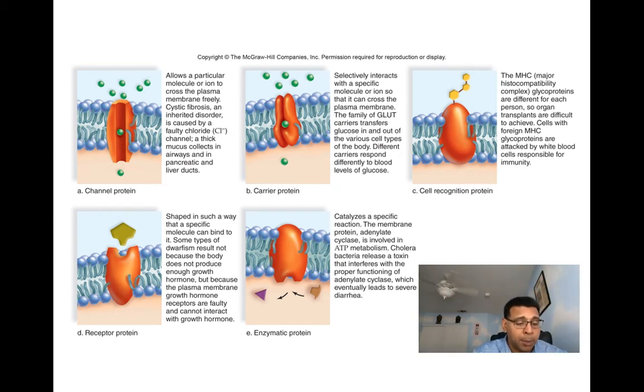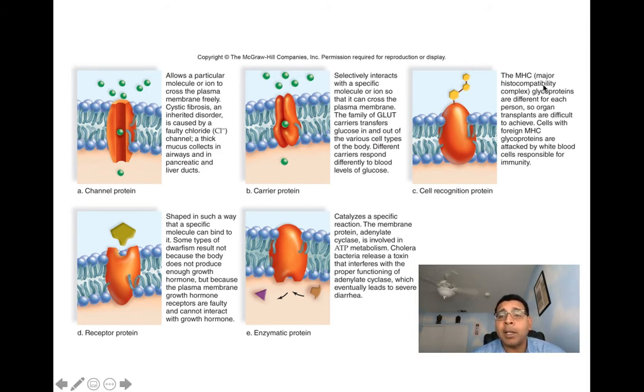Next one we have is cell recognition proteins. They help the body recognize when it is being invaded by pathogens. Here they're giving us an example of MHC, the major histocompatibility complex.